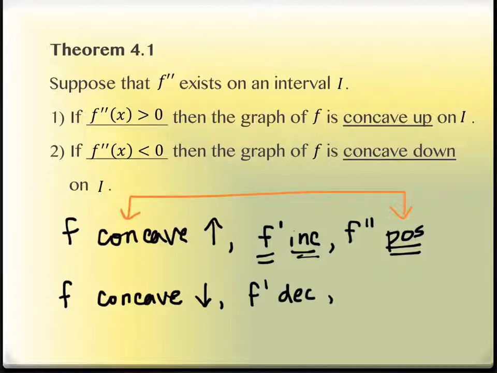Well, when we take the derivative of something, in this case the second derivative, then if a graph is decreasing, its derivative is negative. So again, the outsides of this tell you that if the second derivative is negative, that in and of itself is the same thing as saying that the original graph is concave down.